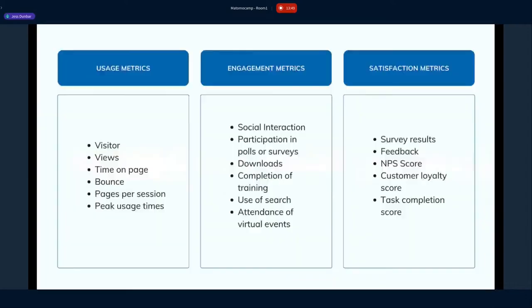So I generally categorize intranet metrics into three categories: usage metrics, engagement metrics, and satisfaction metrics, and these categories help assess aspects of the intranet performance. Of course, I believe Matomo has well over 200 dimensions and metrics, but that doesn't mean that every single one of them matters.